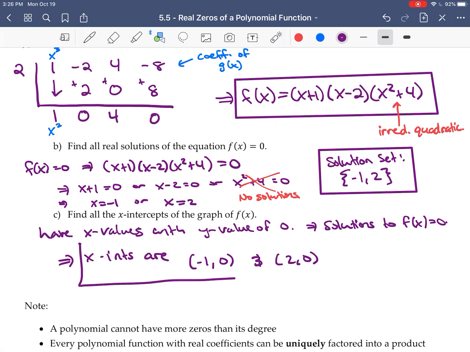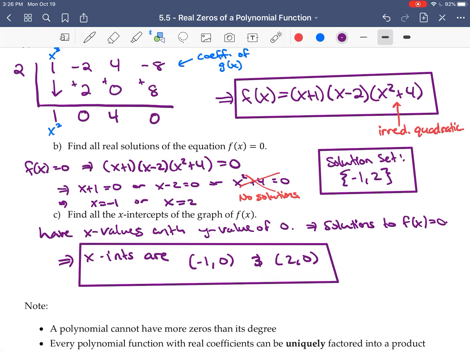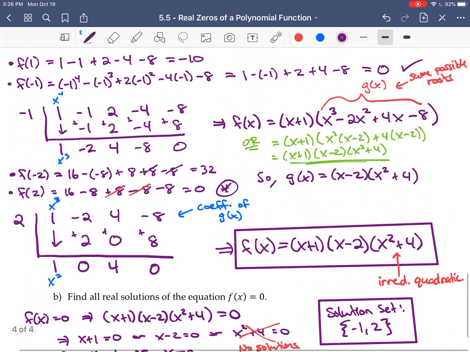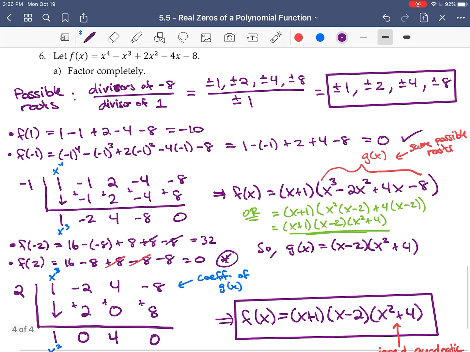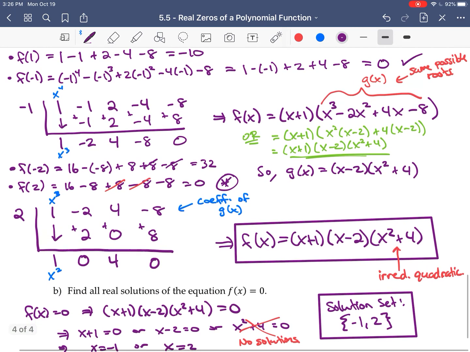Okay, so we actually already did all of the work for that. We just need to know that solutions to f of x equals 0 are giving you the x values of your x-intercepts. So that's factoring for polynomials of degree higher than 2.